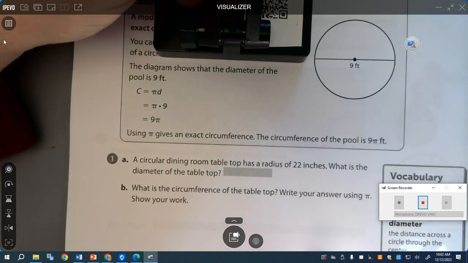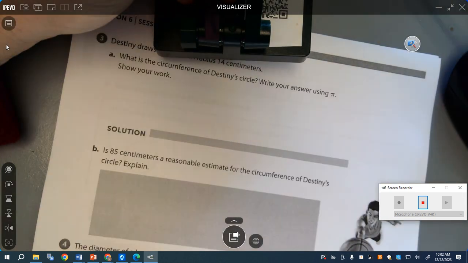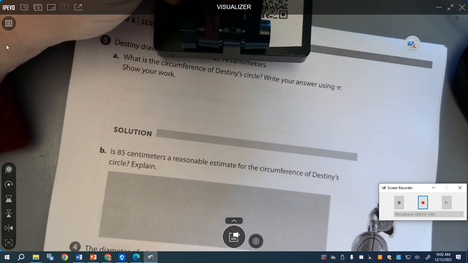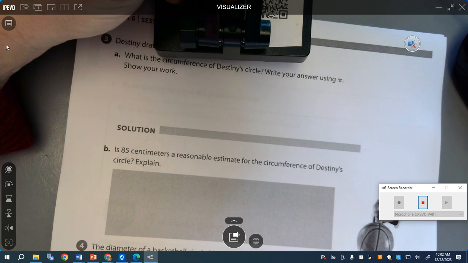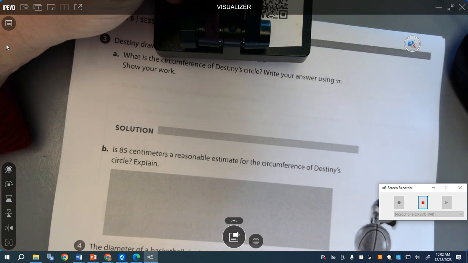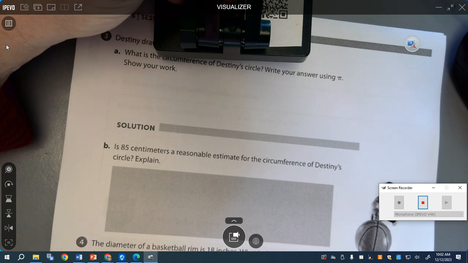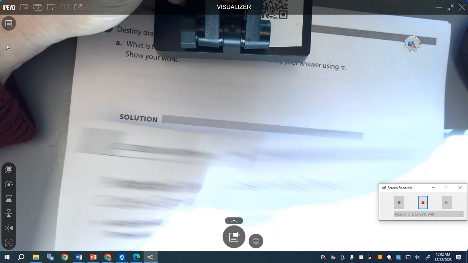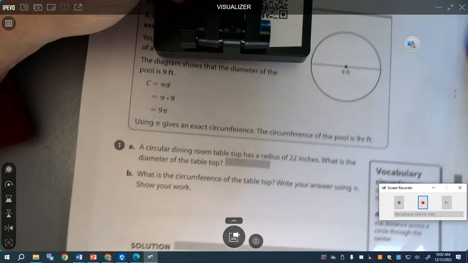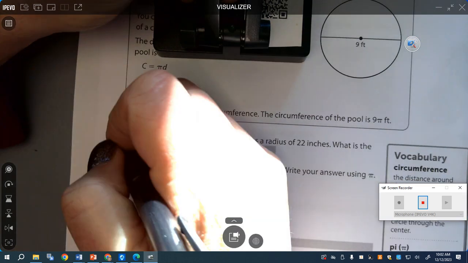Okay? All right, on page 107 to 108. Sorry, I'm just looking at something. You guys are doing number 1.